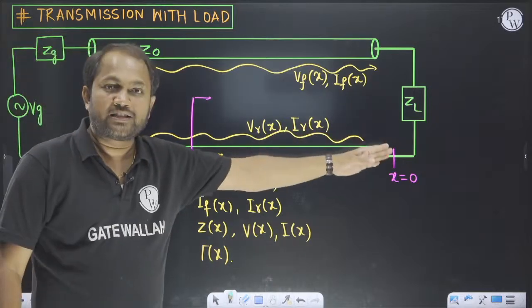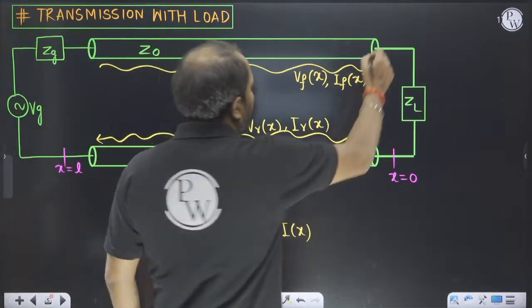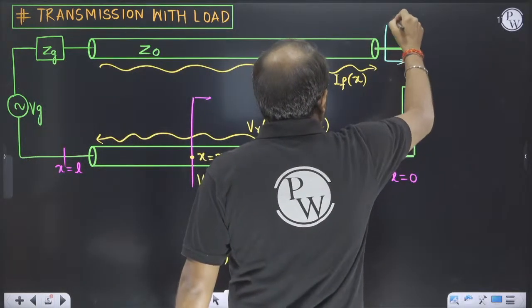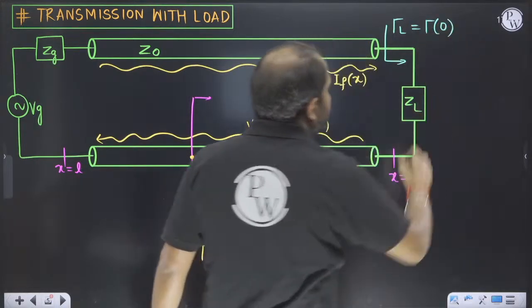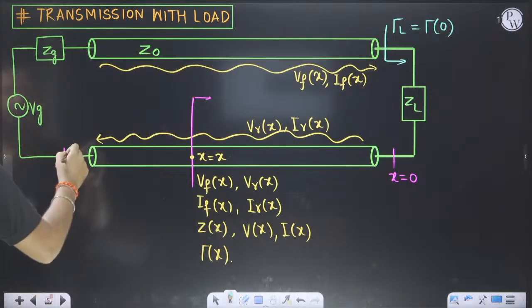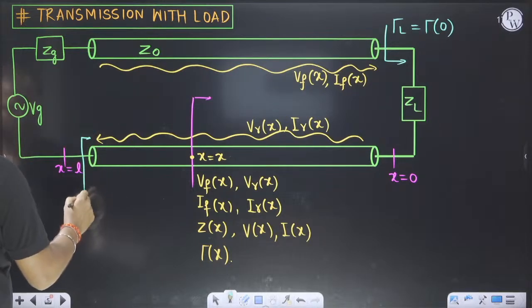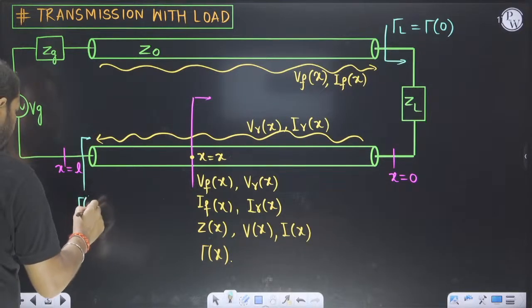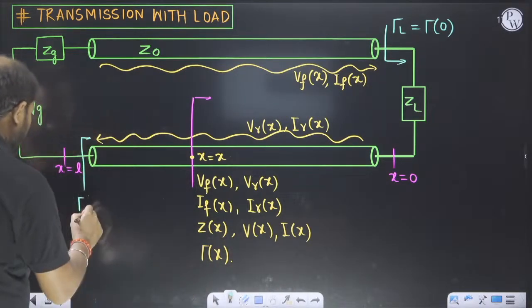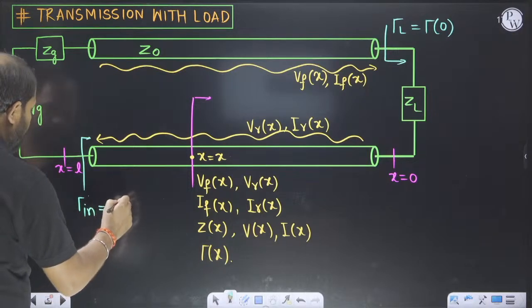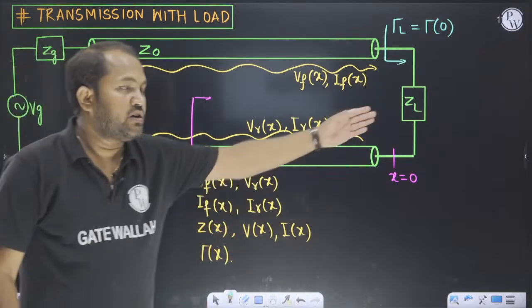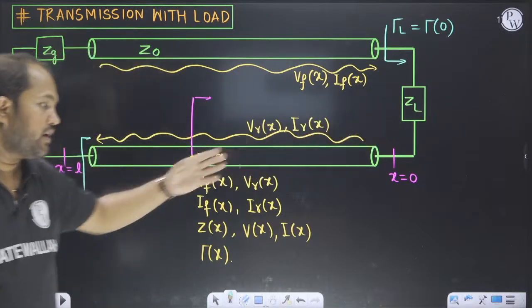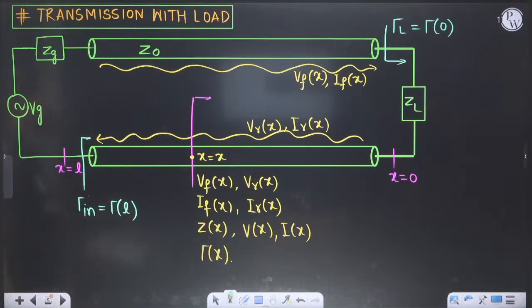So reflection coefficient at load is gamma L, that means x is equal to 0, and reflection coefficient at source is gamma in, that means input reflection coefficient at x is equal to L. So at load x is equal to 0, at source x is equal to L.